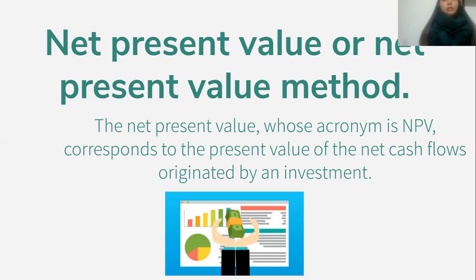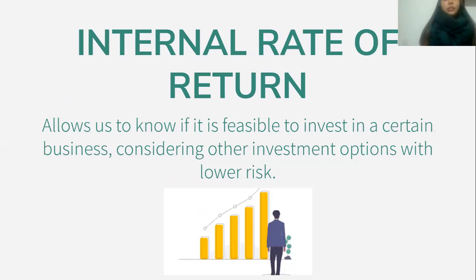The next is the internal rate of return. The internal rate of return is the rate of interest that the investment offers, and it is the percentage of the profit or loss that will result from an investment for the quantities that have not been withdrawn from the project.